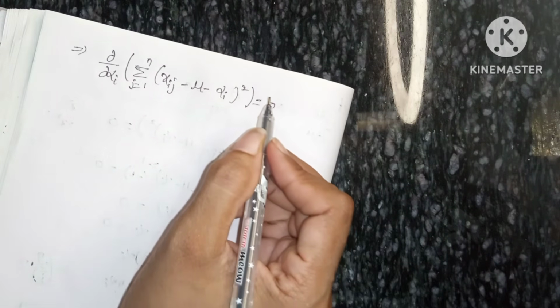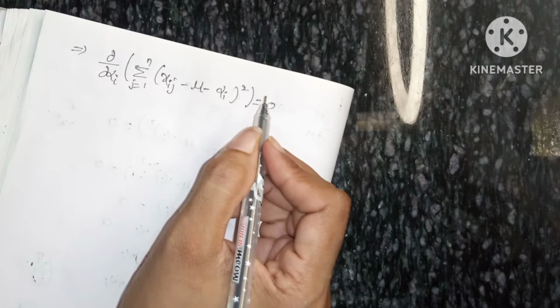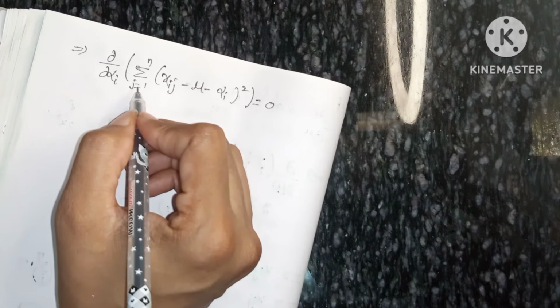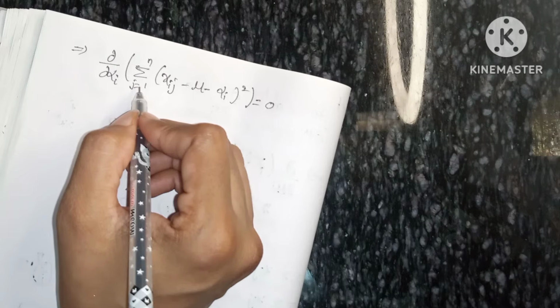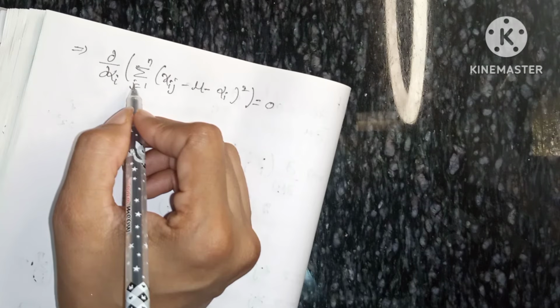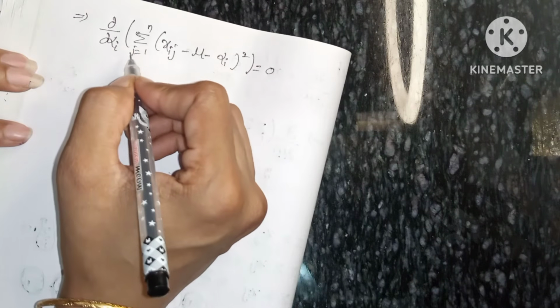Why do we consider only one summation when we have two? Here we are doing only one way analysis, so we have to take only one summation. We should not take both.